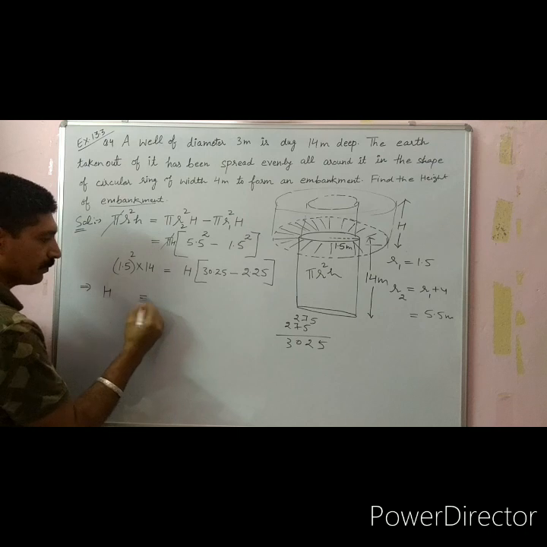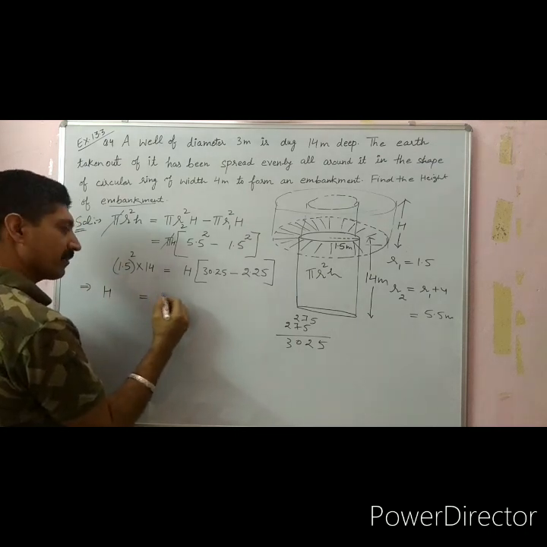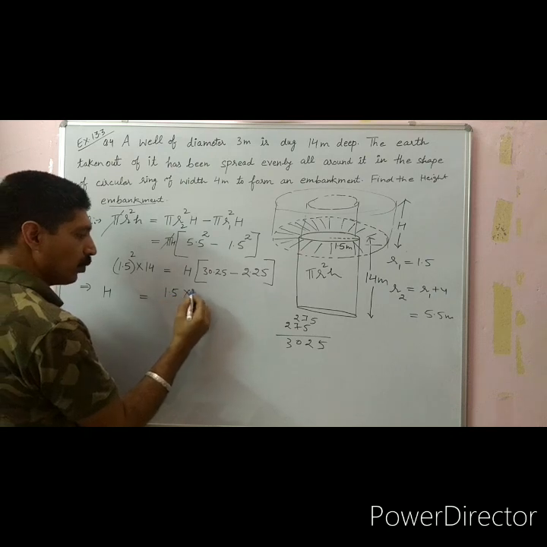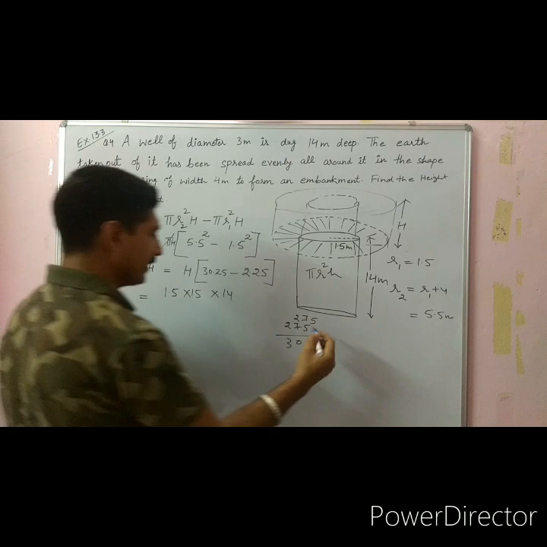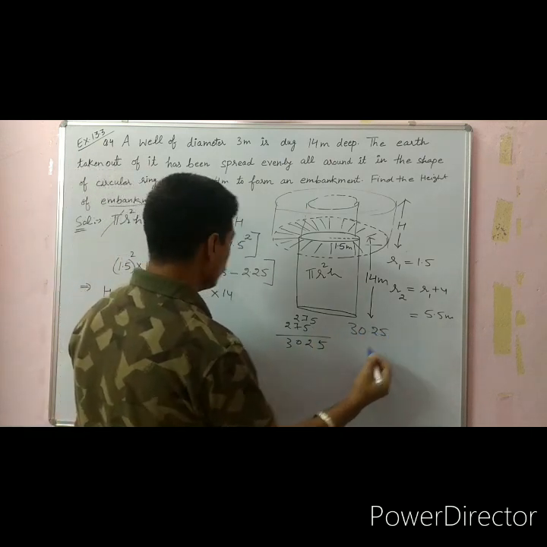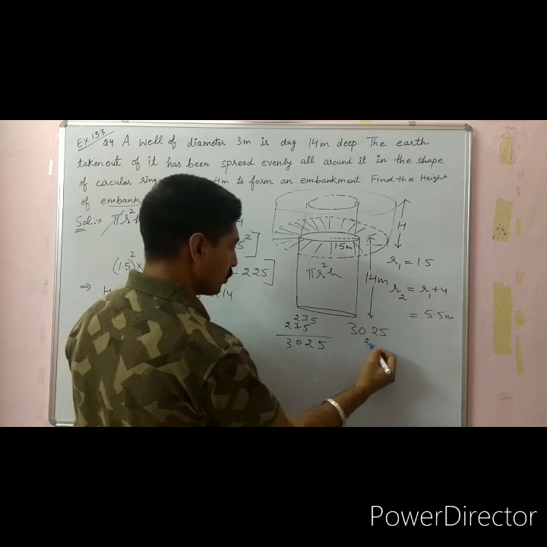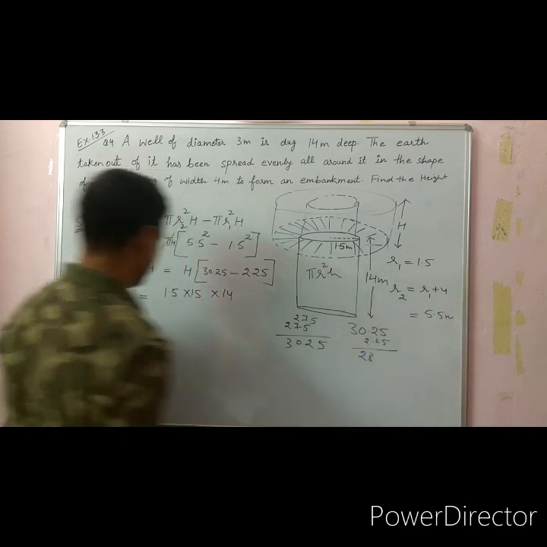H is equal to 1.5 into 1.5 into 14 here, and subtracting here 30.25 minus 2.25, we have 28.